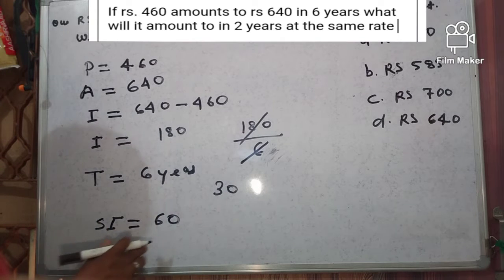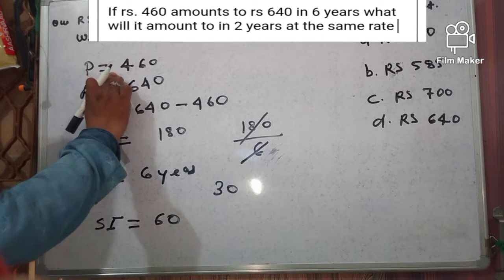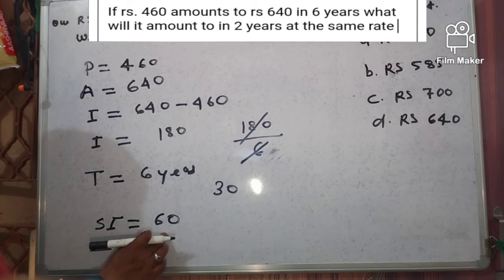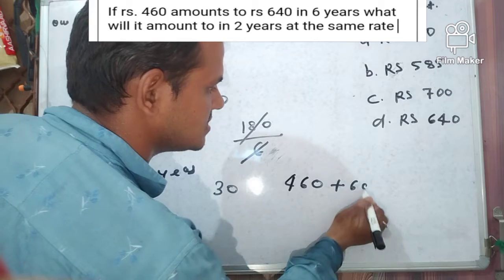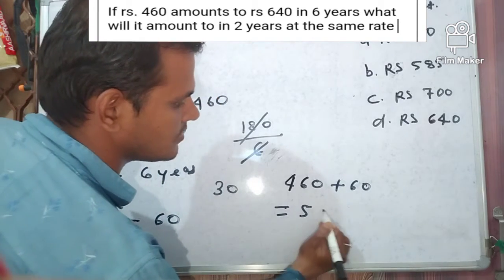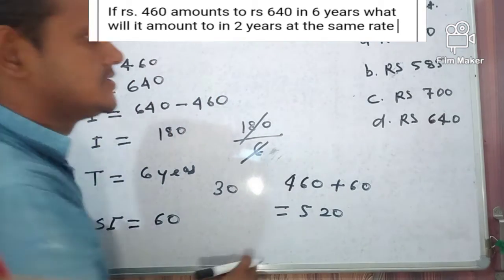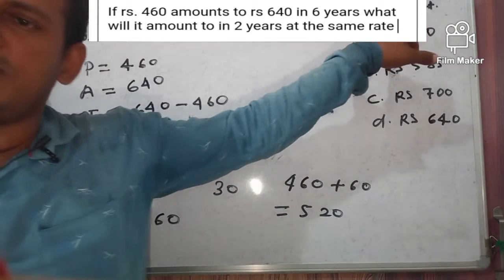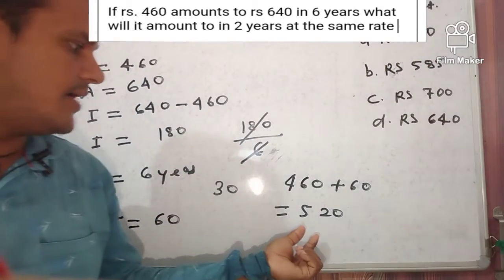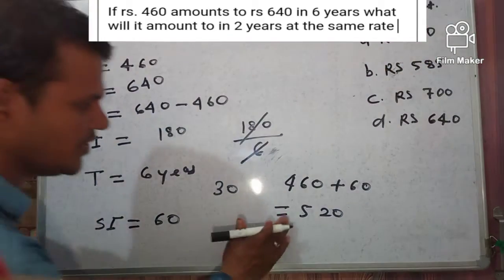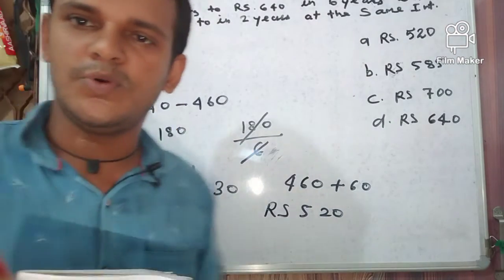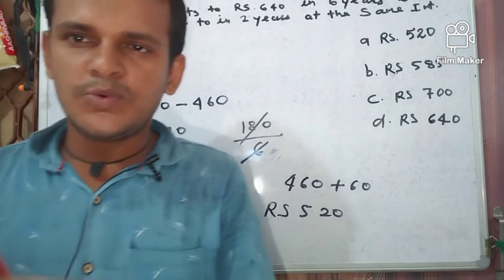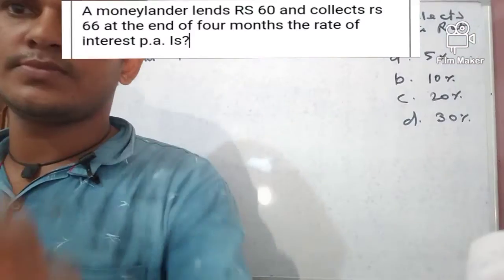So principal is 460 and simple interest is 60. So 460 plus 60 will be 520. So our answer is option A, Rs 520.